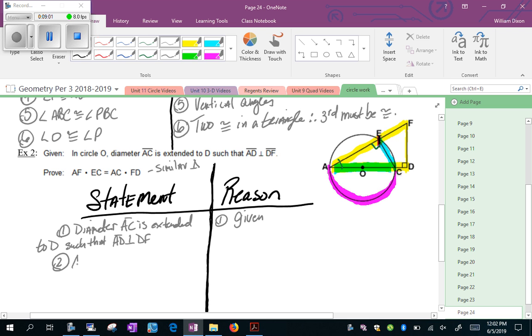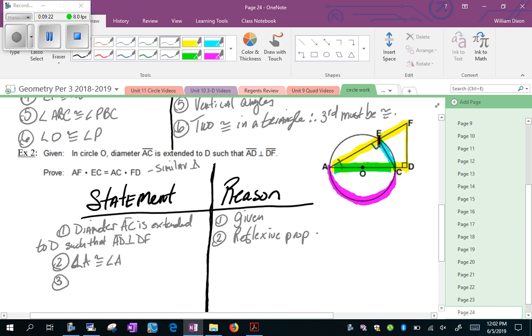I have angle A is congruent to angle A. And we know that's reflexive property. All right, number 3.